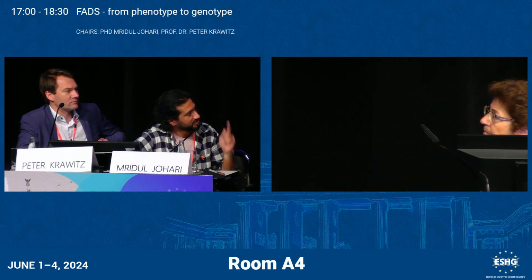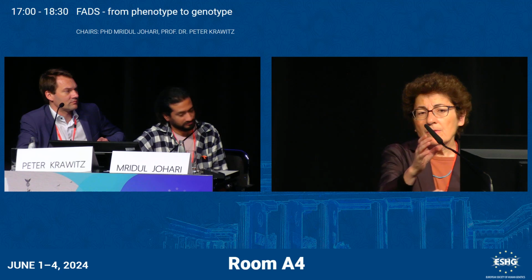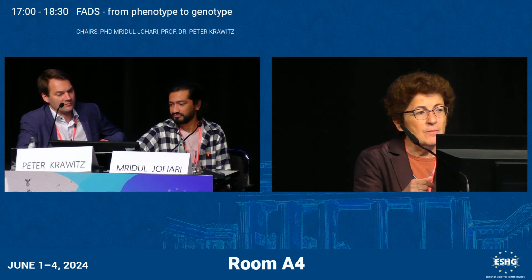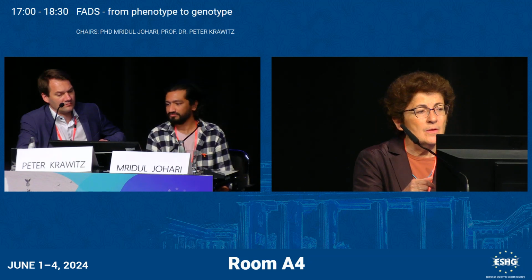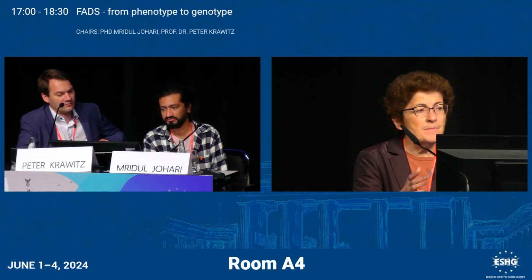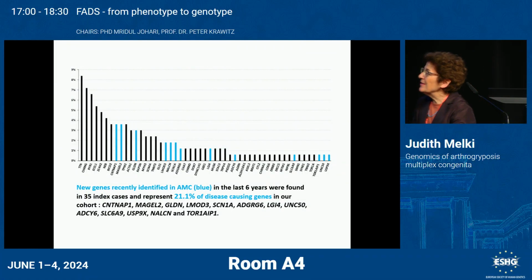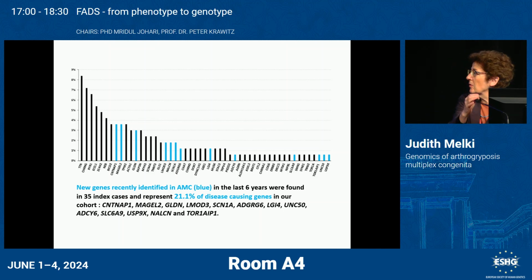For example, for titin, I can come back to this table. Here, titin. So it's skeletal muscle. That means that if you have involvement of other tissue, for example peripheral nerve or brain, you can exclude it.